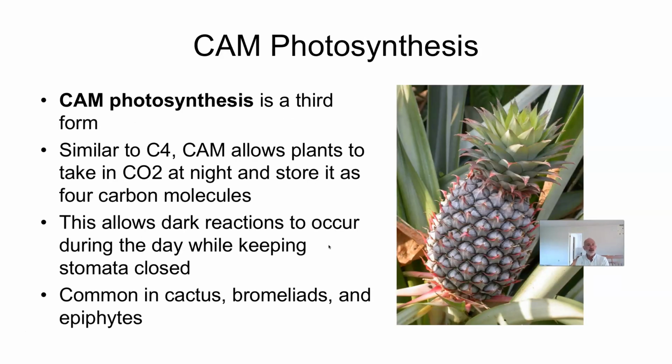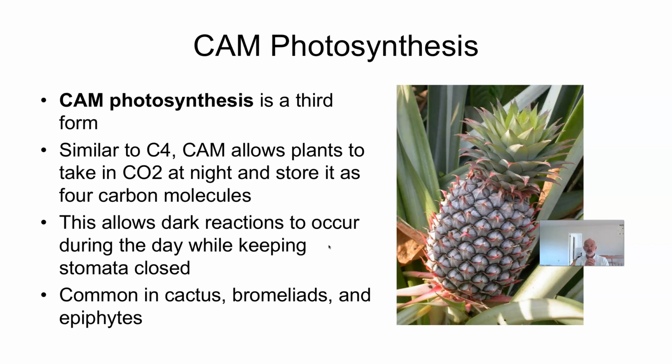There's a third pathway, which is less common, and it's called CAM photosynthesis. All I want you to really note about this is that it's very similar to C4 photosynthesis, in that CAM allows the plants to take in carbon dioxide at night, and they store it as these kind of 4 carbon molecules.